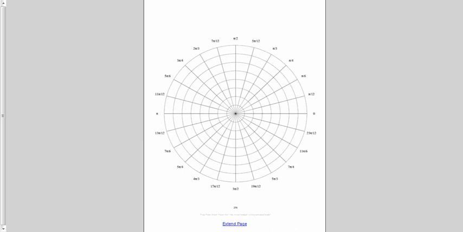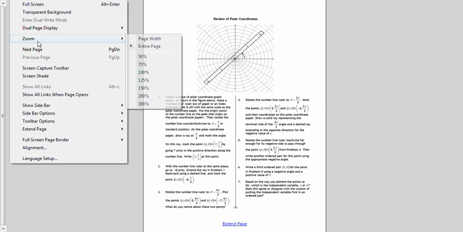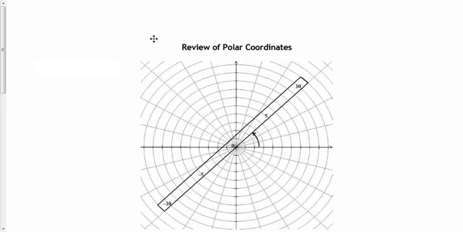Back to the front, here we have a polar graph. What's on here is the suggestion in number 1, which is to take an index card and label it with 0 right in the middle, and then 1, 2 right along the curves, then 4, 5, 6, 7, all the way up to 10.